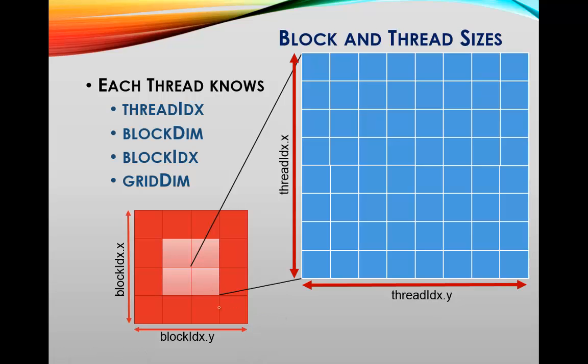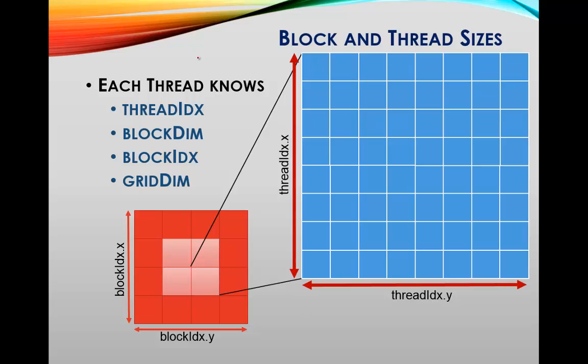They would also know their block index, blockIdx.x and blockIdx.y, which is the location of their block in the whole grid. They'd also know the size of the block, blockDim in x, y, and z, and the grid dimension, which is the number of blocks in x, y, and z that have been invoked and created.